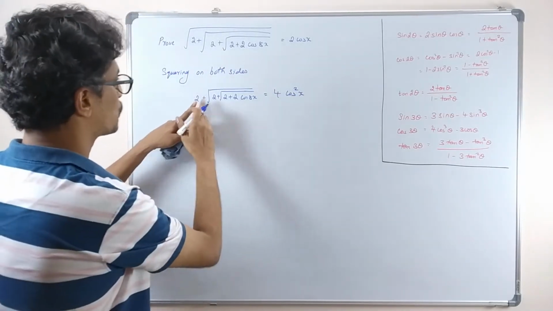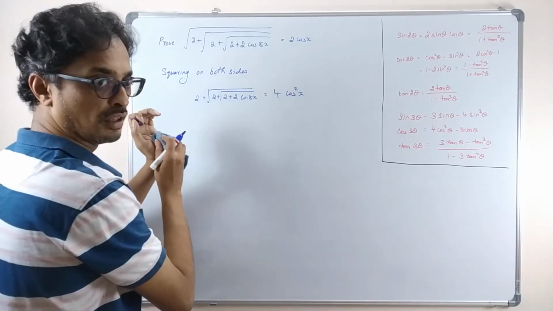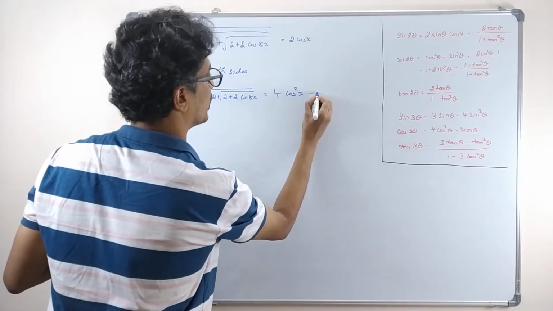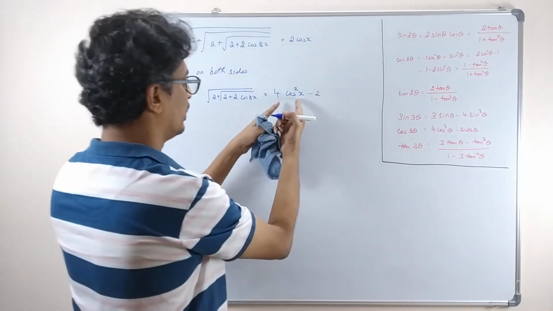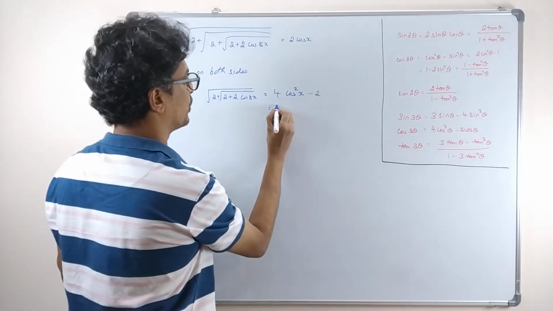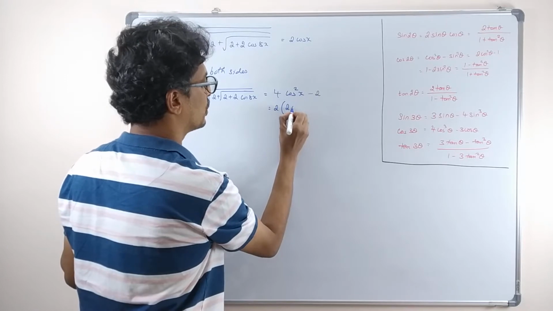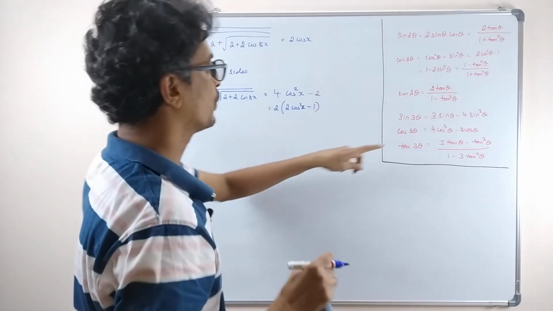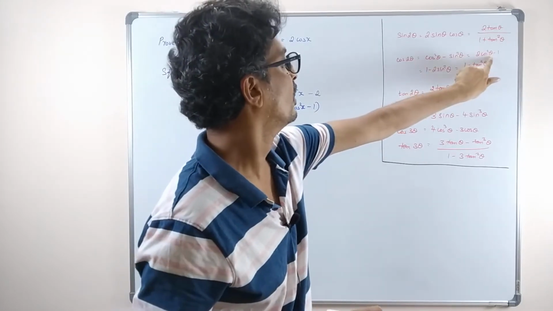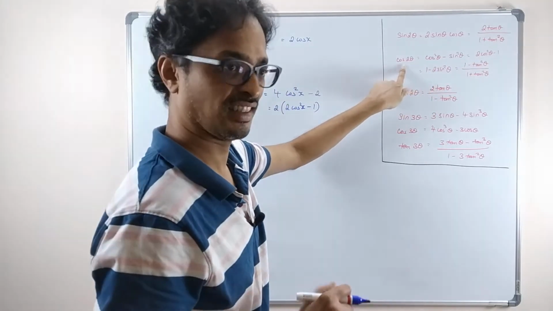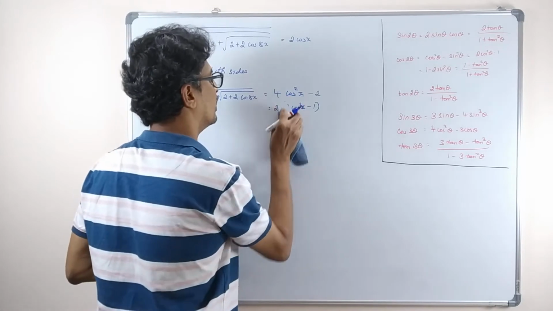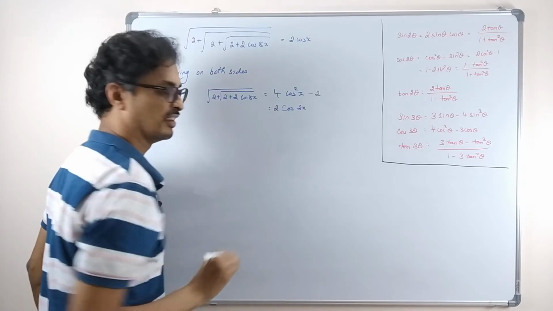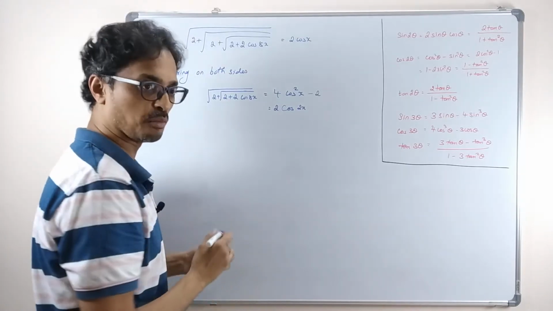So I am going to take this 2 this side here now. Okay, so then what happens? This becomes minus 2. Am I right? I can take 2 commonly outside. So this becomes 2 into (2 cos square x minus 1), correct? What is 2 cos square x minus 1? Cos 2x, correct? So this is nothing but cos 2x, right?